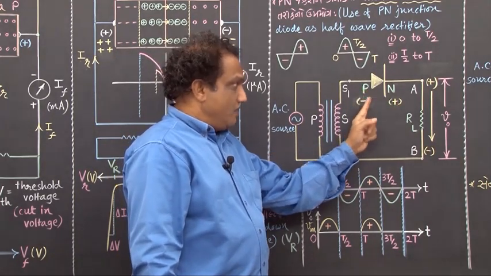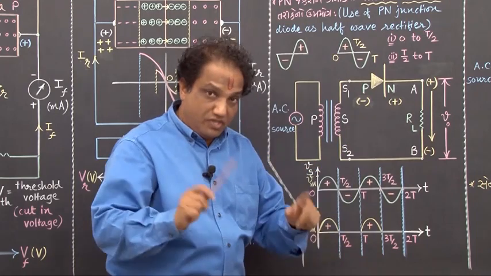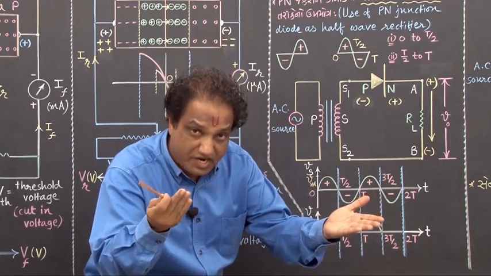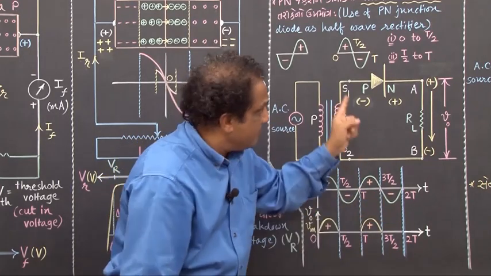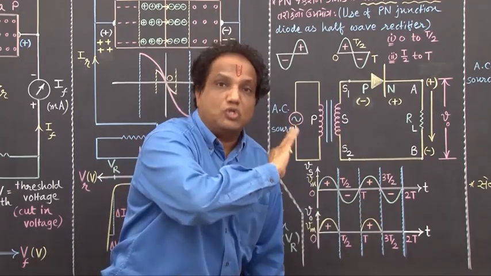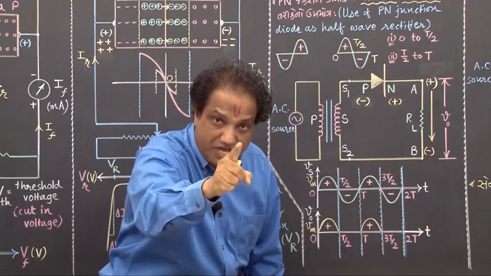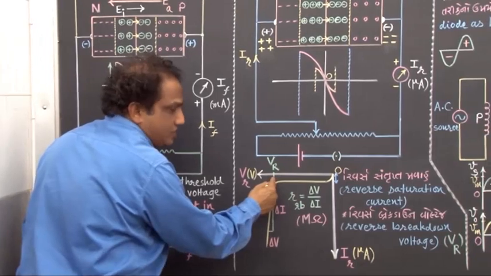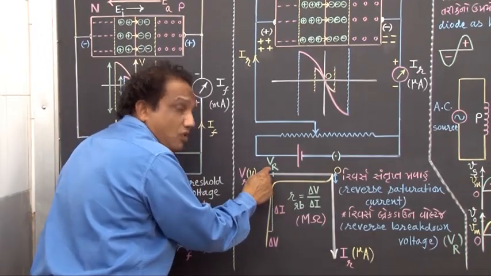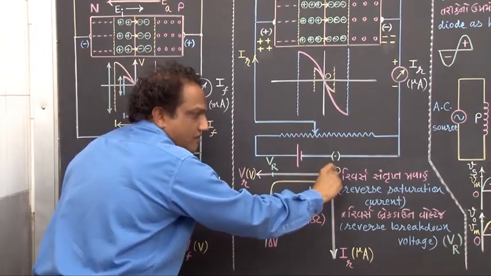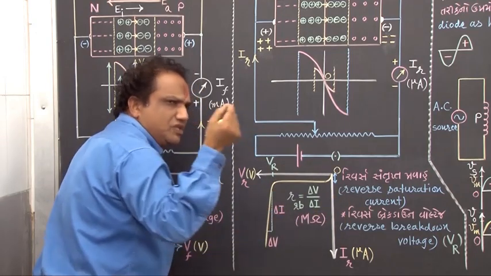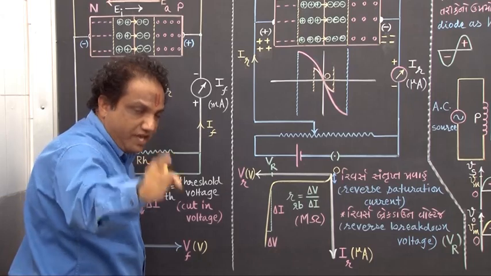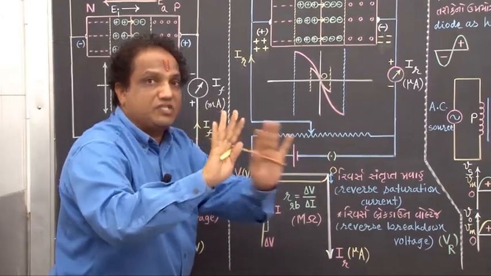This is reverse bias condition, and in reverse bias there is almost no current. For an ideal PN junction diode operated in reverse bias below the reverse breakdown voltage, the reverse saturation current is nearly zero, so we say there is no reverse bias current.